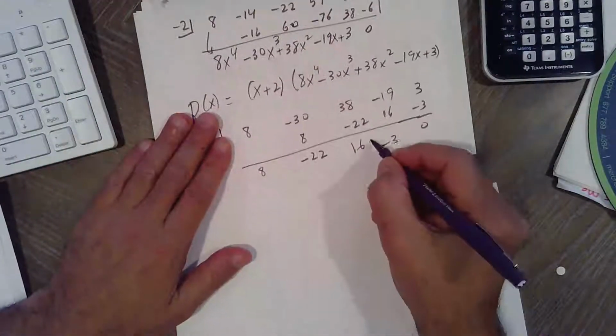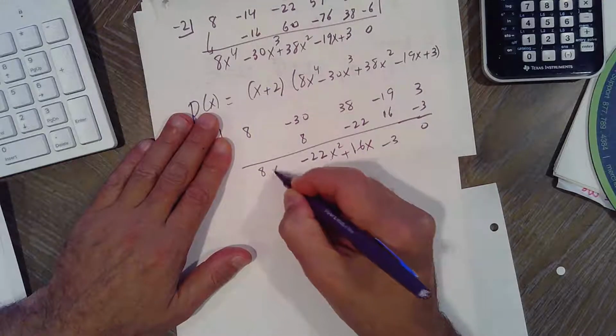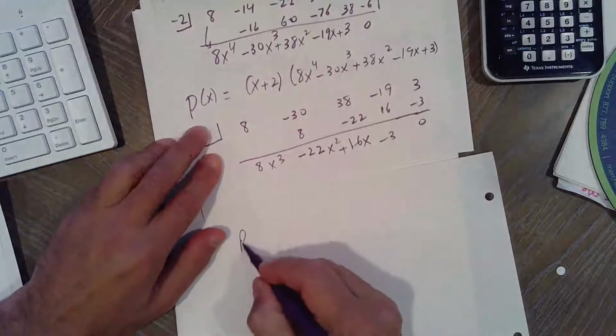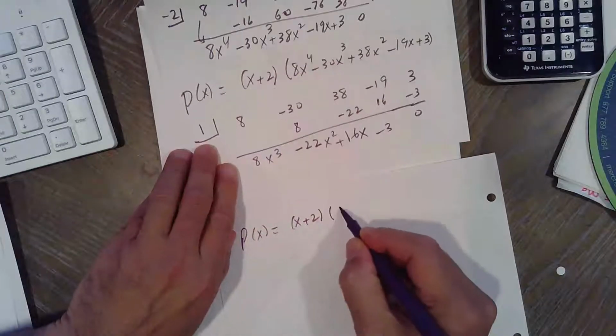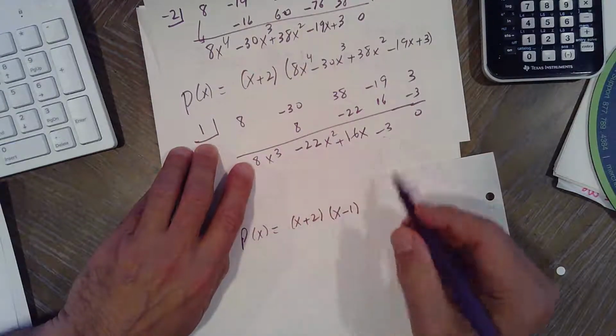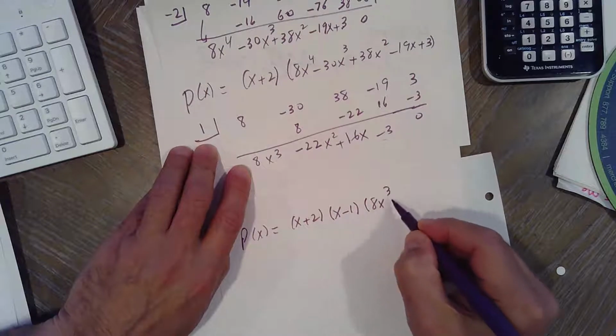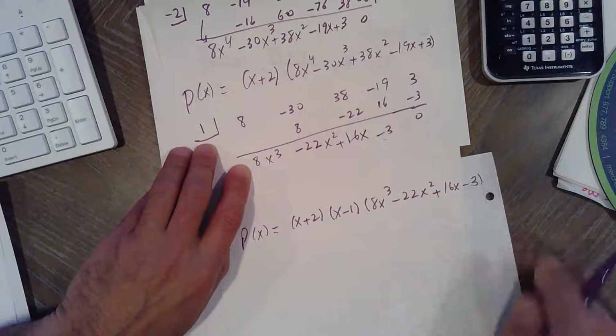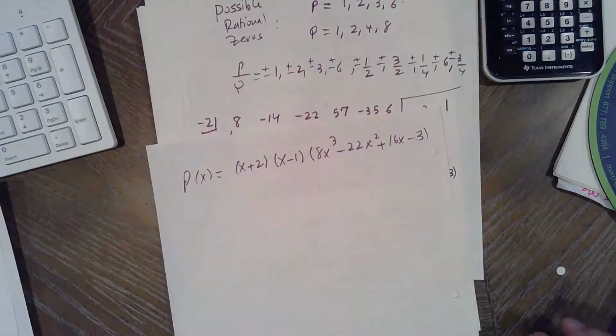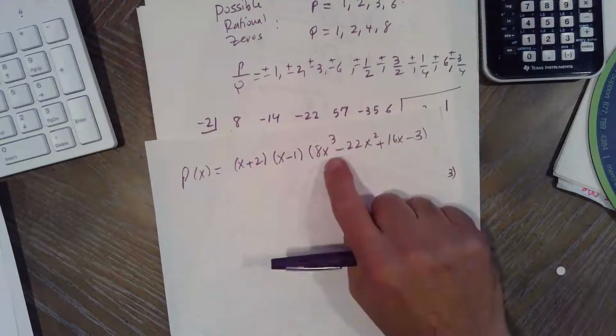So p of x is, from the previous one, x minus 1 is a factor, and that's the quotient: 8x cubed minus 22x squared plus 16x minus 3. Okay, so now we still have a third degree.